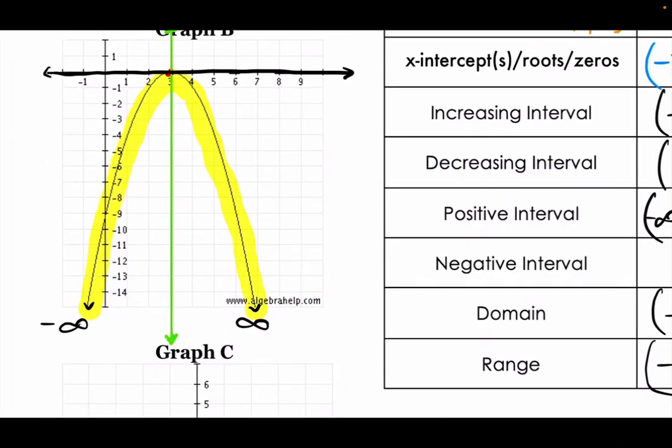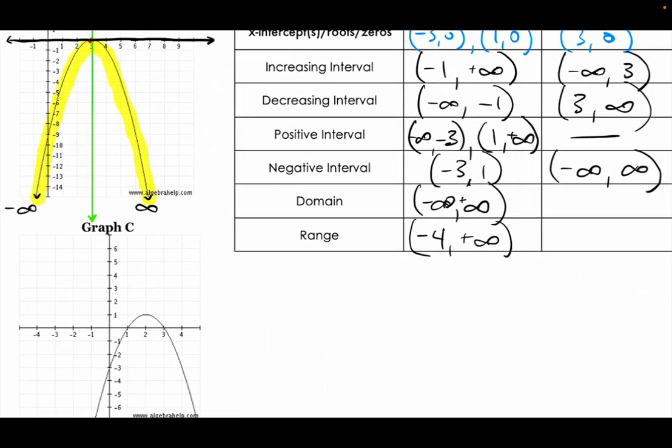Where can I contain it so it won't get any bigger, grow any wider? What did we say on the last one? Could I contain it on the sides? So it's negative infinity to positive infinity.